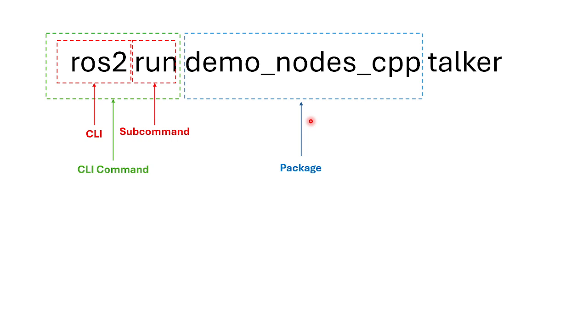So we are asking ROS to go into this package and then to run this executable. ros2 run means that in the command line interface, we're providing a command to ROS to run this talker, which is an executable from the package demo_nodes_cpp. And that's how it runs, and a node is created.